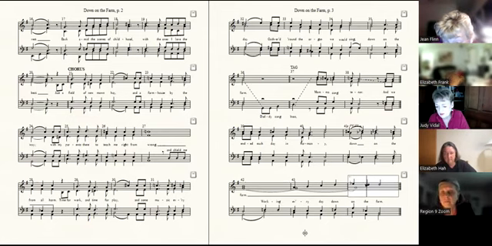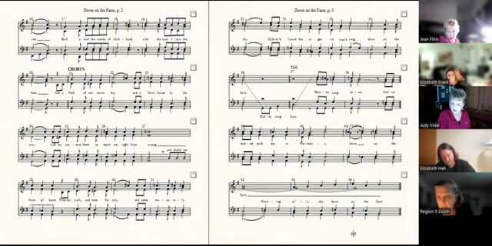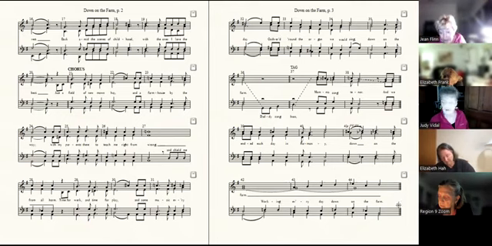Wait a minute now. So is that it now? Yep. There you go. So you've got that. Whether you call that a C6, C minor 6, or is that one of those half diminished things?